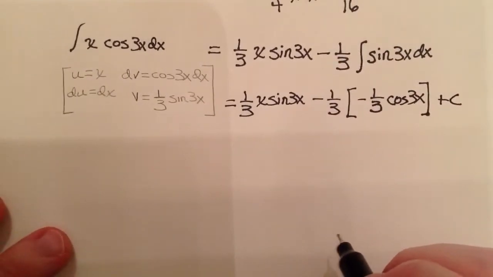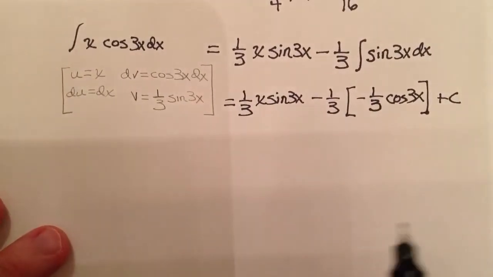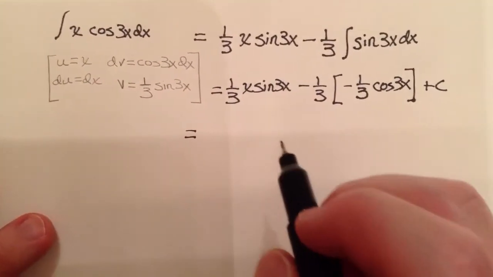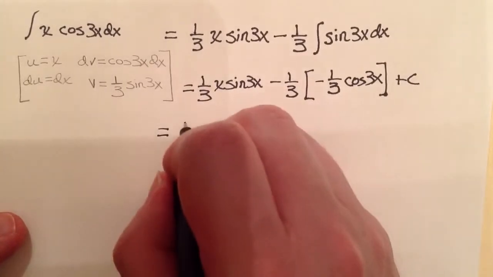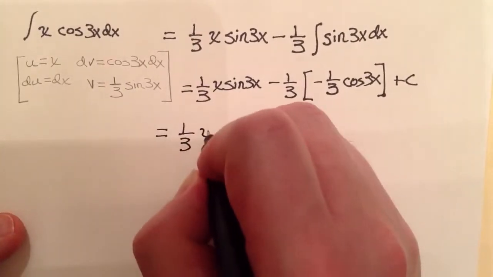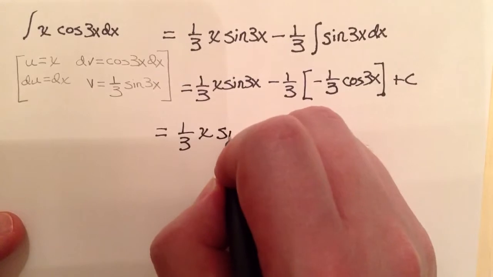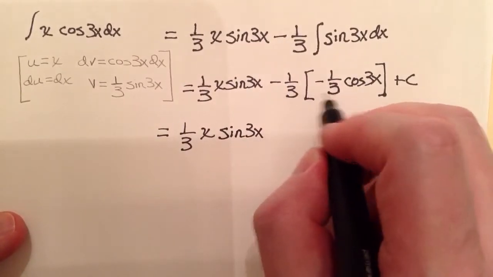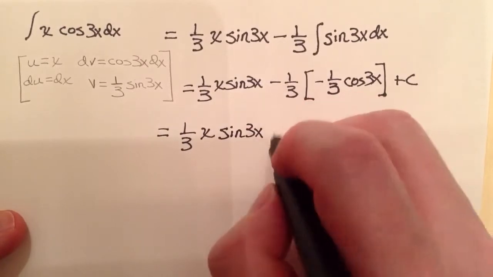And so for this particular integral, we're going to have in the solution two antiderivatives followed by the constants, and so we will end up with 1/3 of x times the sine of 3x. Negative 1/3 times negative 1/3 is going to be a positive 1/9.